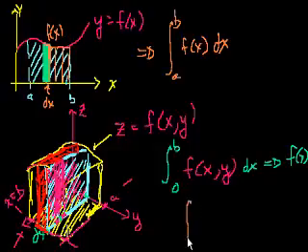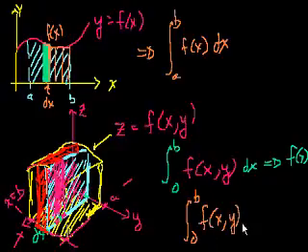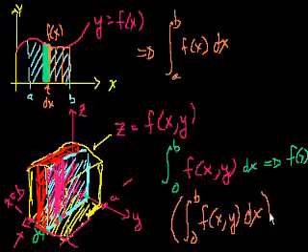So it would be the integral from 0 to b of f of x y dx. That gives us the area of this blue sheet. Now if I multiply this whole thing times dy, I get this volume, right? It gets some depth. This little area that I'm shading right here gives depth to that sheet.